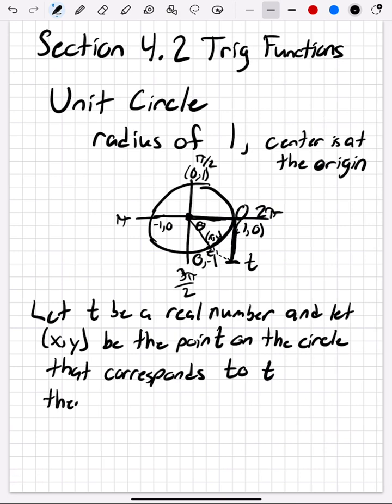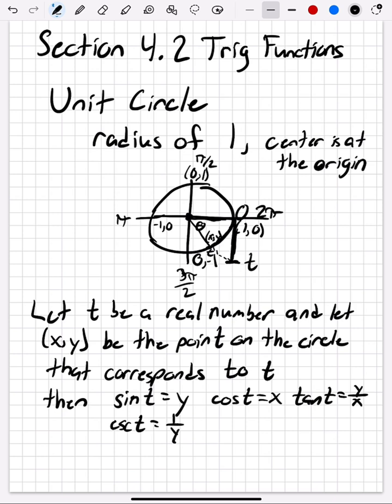Then we know that all these things are true, and these are things that you definitely want to have written down and close by, that the sine of t would give you the y coordinate. The cosine of t would give you the x coordinate. Then the tangent of t is y over x. Cosecant of t is 1 over y.